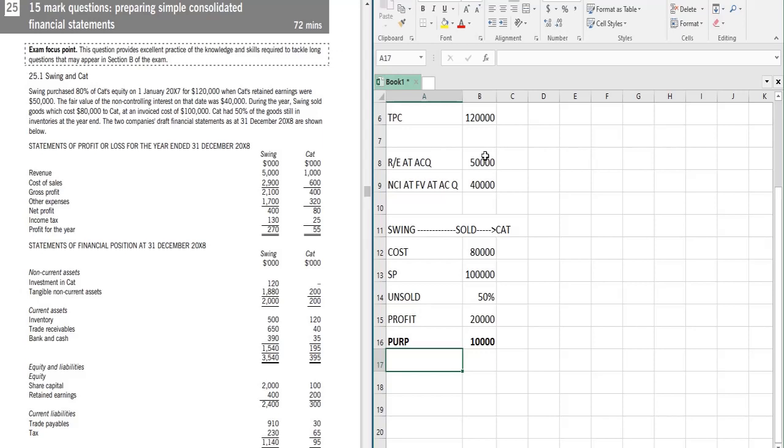Okay, so अब हम लोग वर्किंग 2 की ओर चलते हैं, ठीक है। Working 2 is for the net asset, net asset of subsidiary at fair value, at acquisition, at reporting date and post acquisition reserve.